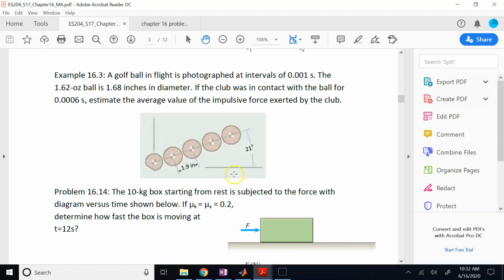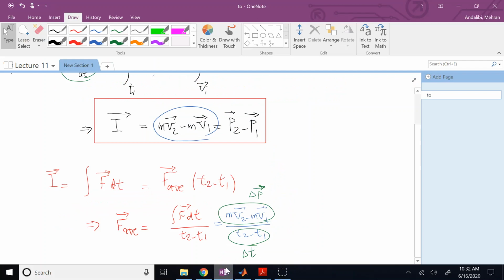Okay, now going back. What we need here is mv1 and mv2, where v1 is the velocity of the golf ball before the impact, and v2 is the velocity after the impact. Well, velocity before impact is 0 because we hit it when it was stationary, so that is gone.